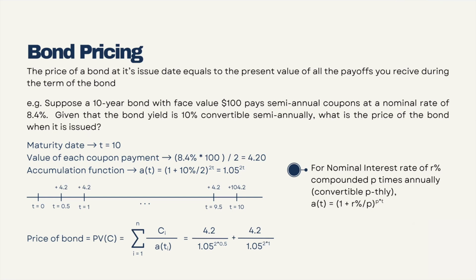Next, for the next 4.2, the present value would be 4.2 divided by 1.05 raised to the power of 2 times 1. And you keep doing this until your very last payment, for which the accumulation function would be 1.05 raised to the power of 2 times 10. And once you compute this entire equation, the value would be 90.03, which is the price of the bond.